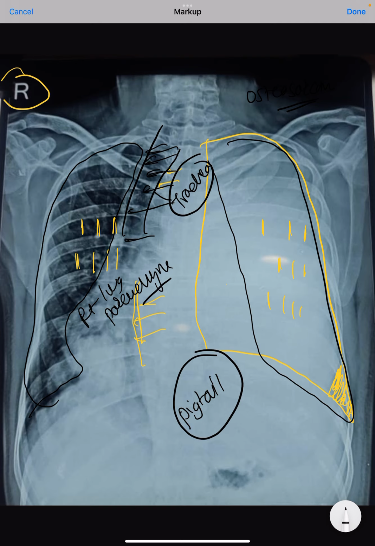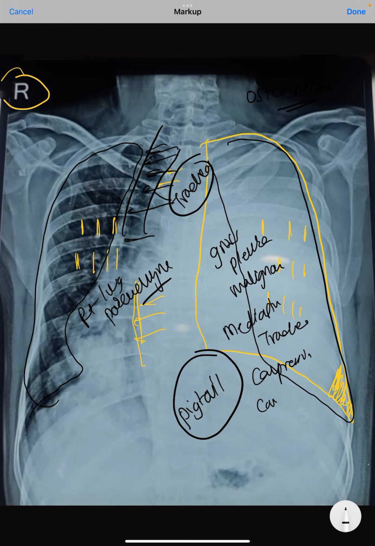So this is a very interesting case of a gross pleural effusion, malignant pleural effusion, causing shifting of mediastinum, shifting of trachea, and compression of the contralateral lung as well. That's all for now, and thank you.